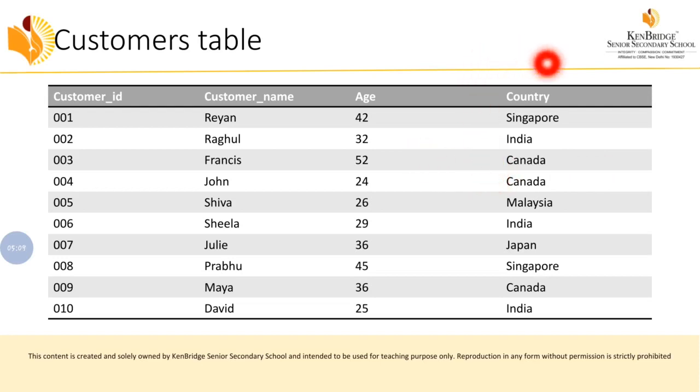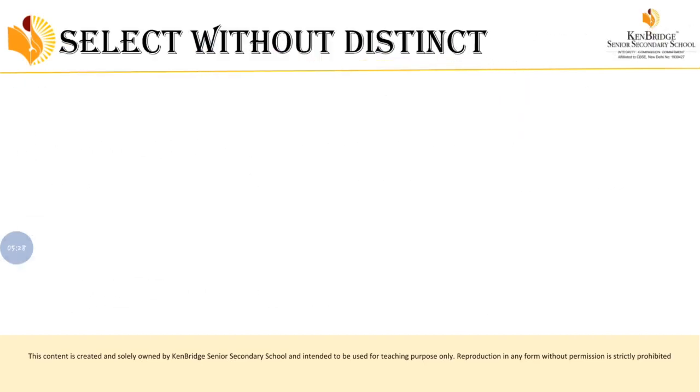The first one is without the distinct statement. Then with the distinct statement, what the output will be, we are going to see now. So let's move on to the query.